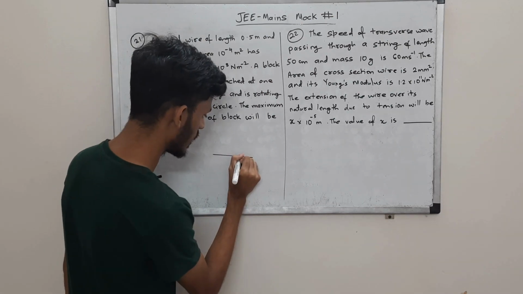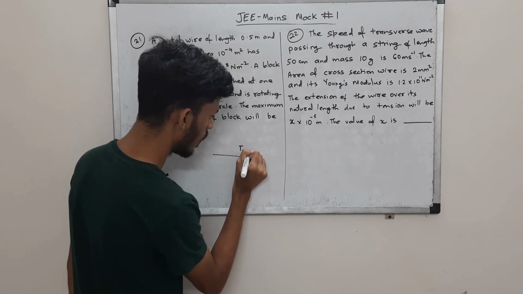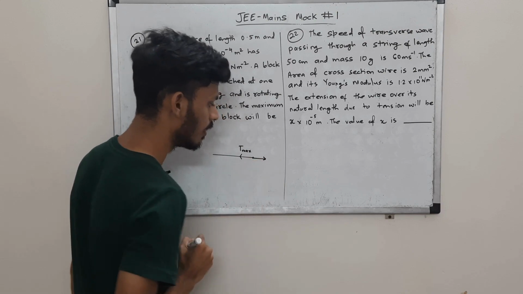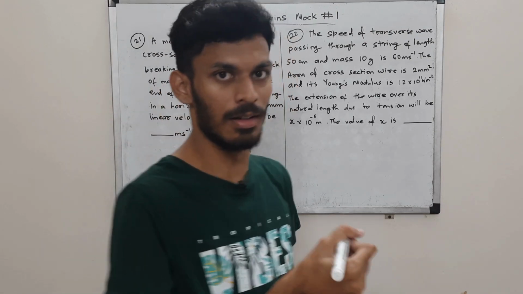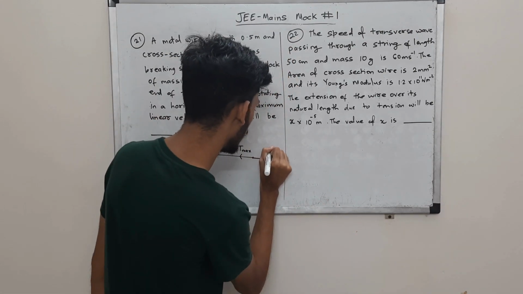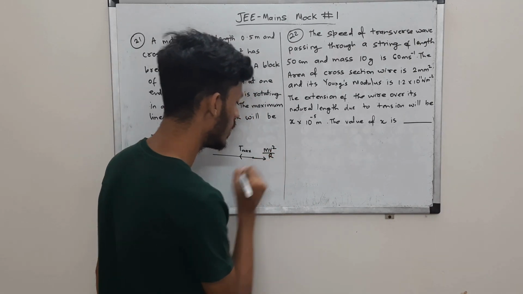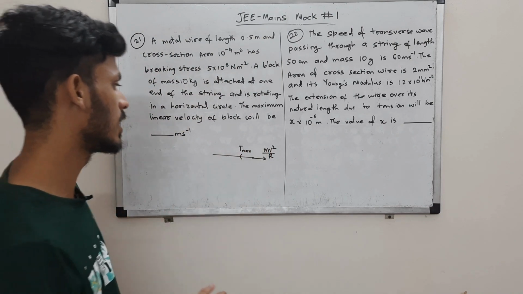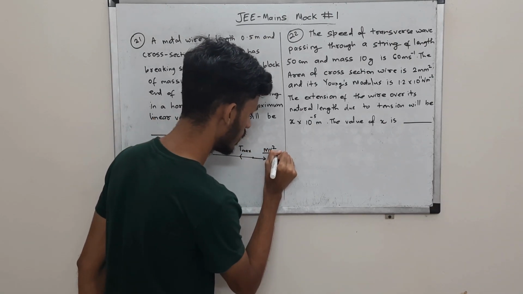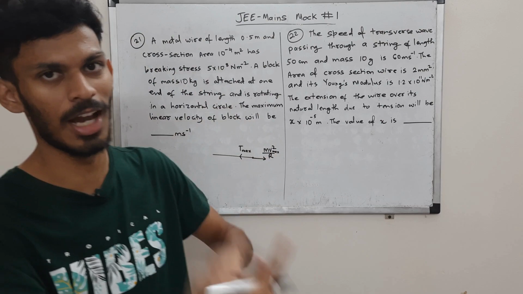So during this maximum tension, T max, the velocity will be the maximum, because velocity gives rise to your centripetal force. Your centrifugal force, I shall say, is dependent on velocity. So when the tension is max, velocity will be max, or rather the other way around.